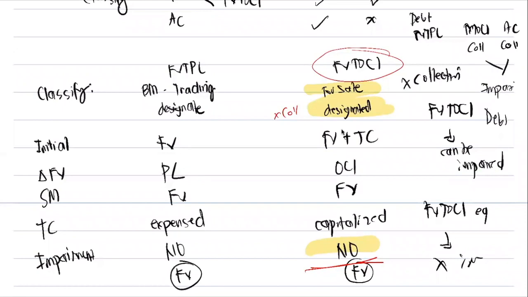Tandaan to FVTOCI equity securities are not impaired, but FVTOCI debt securities are impaired because of the collection item under your FVTOCI debt. Okay? So I hope we are clear. Sir, how about interest income? Do we record interest income now? No, because this is not debt. What we record here is your dividend income, but that will be a separate topic which will be discussed in your subsequent items on your equity securities.